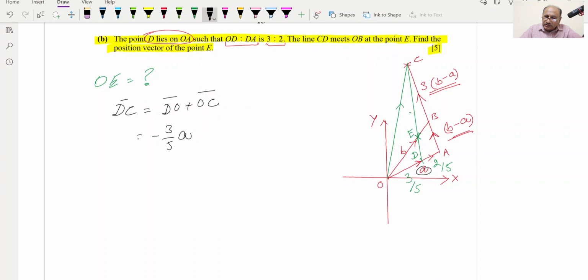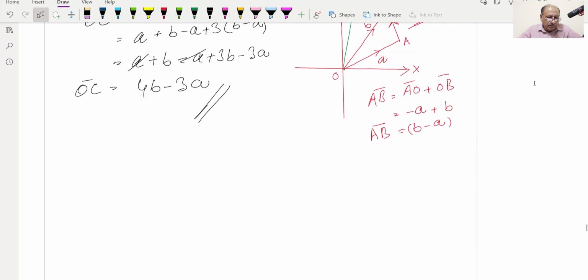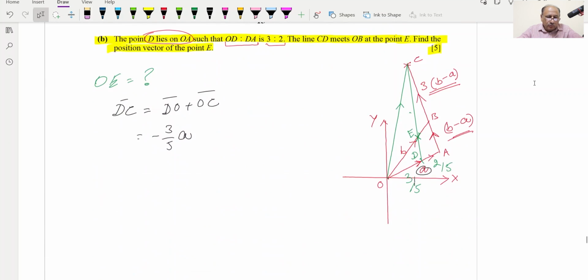Now OC we have calculated in the previous part. OC is 4b minus 3a, so we can write here plus 4b minus 3a. This one we have already calculated in the previous part, which we are using.